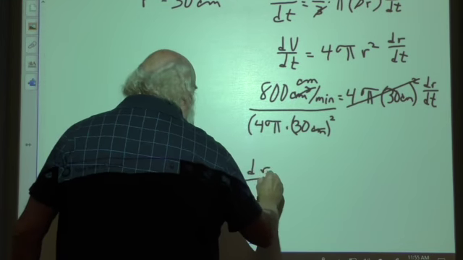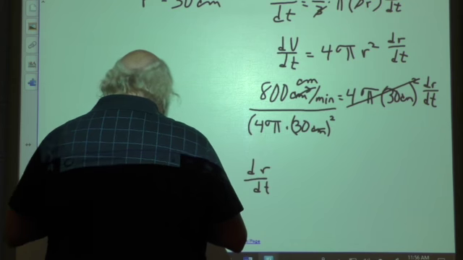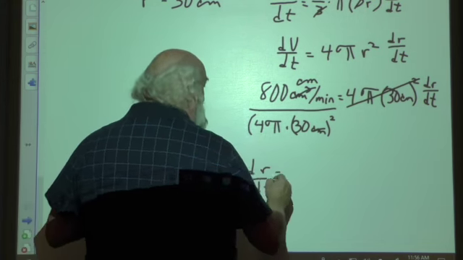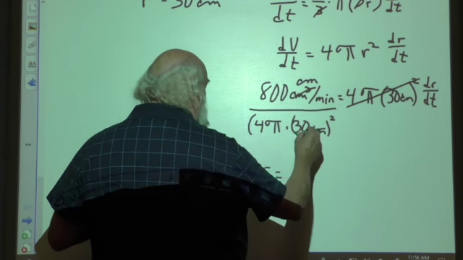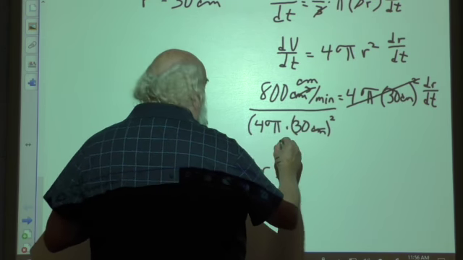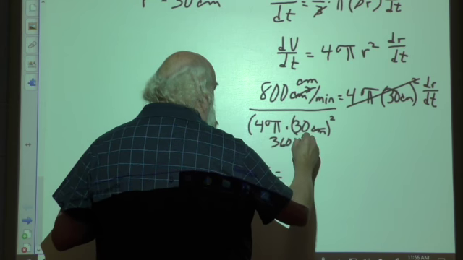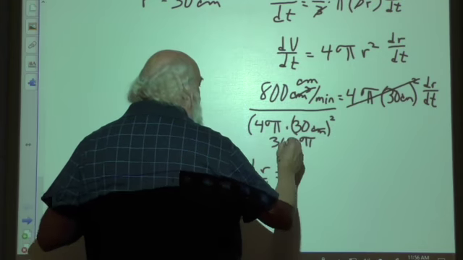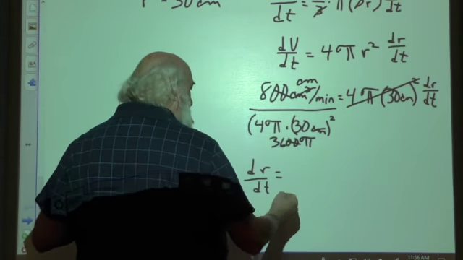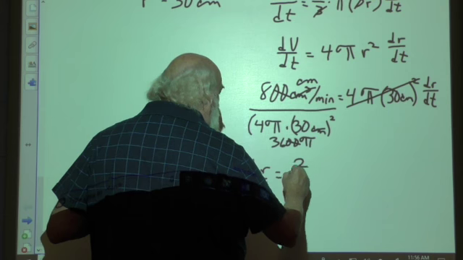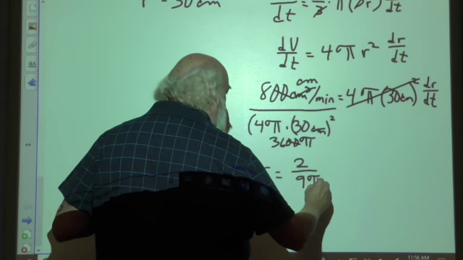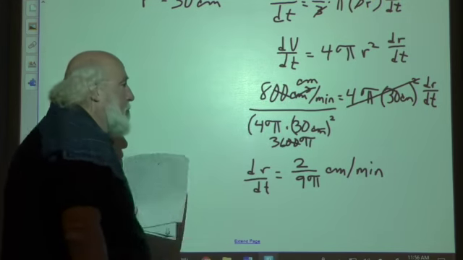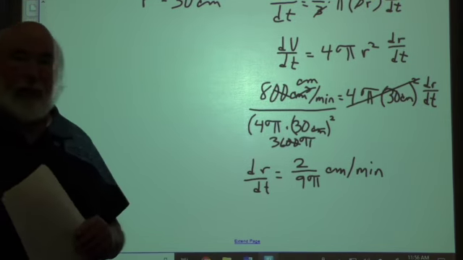So dr/dt, if you calculate this out, well, this is 3,600, so this is 3,600 pi. And I'm going to leave it pi. The zeros cancel out, and 8 over 36 is 2 over 9, so this is 2 over 9 pi centimeters per minute. And there you have it.